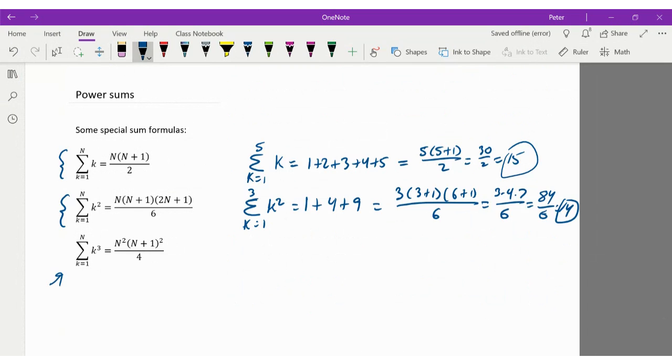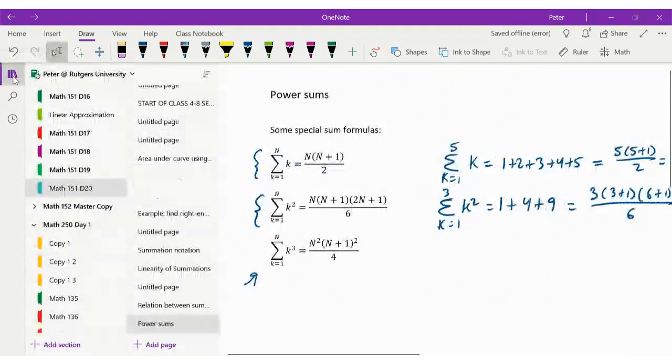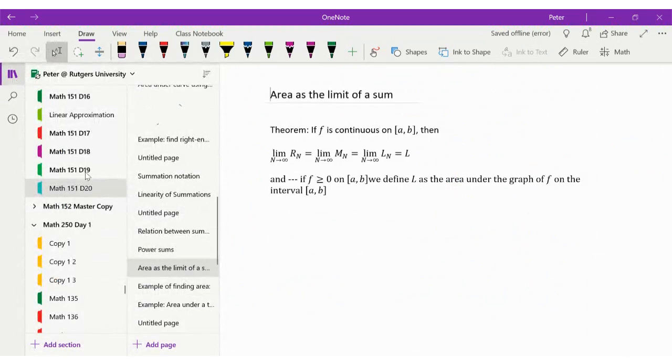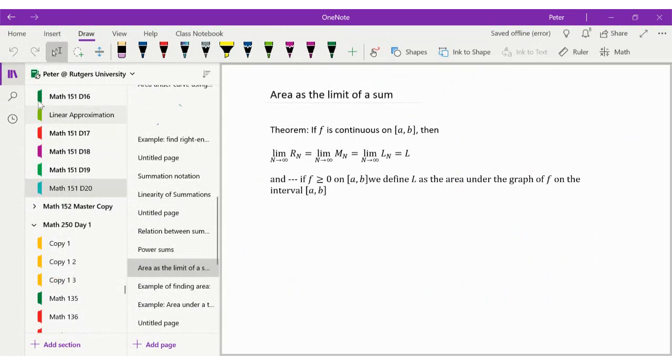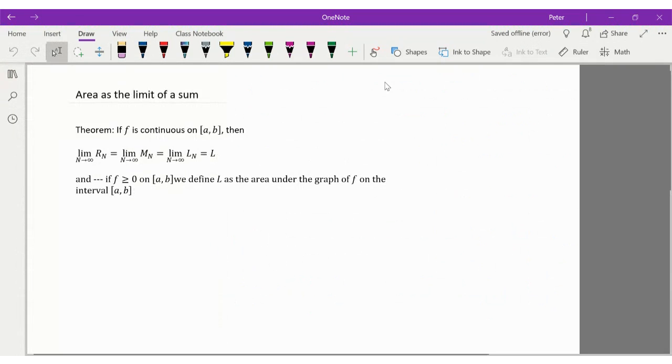Okay. Now why would we want to know these formulas for power sums in calculus? Let me just get to the point that we're trying to make with all of this. What we want to do is define not an approximation of the area, but the exact area.